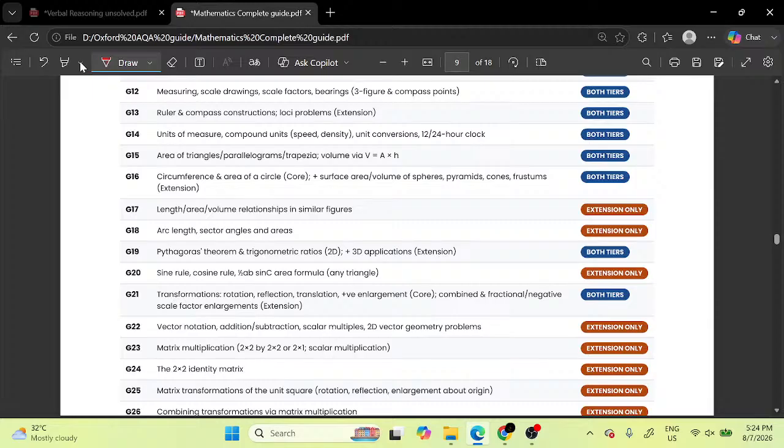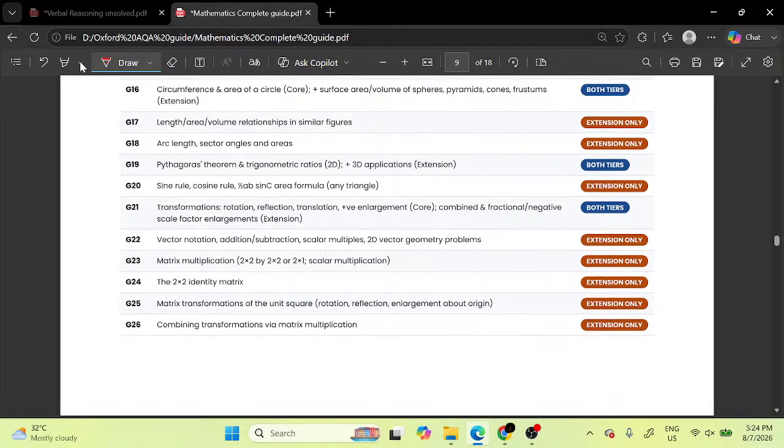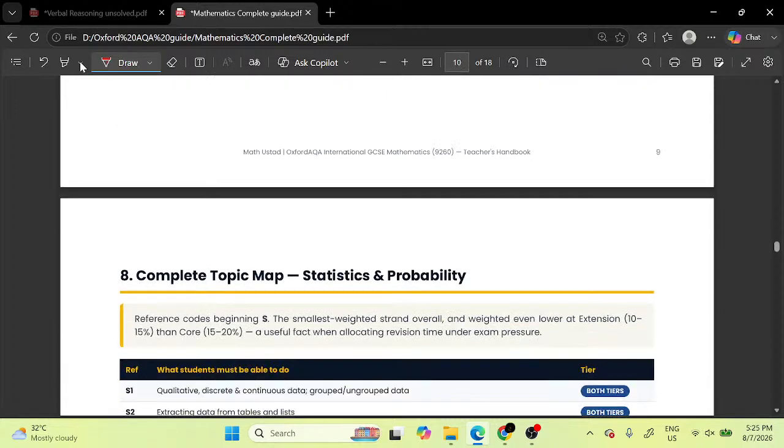Sine rule, cosine rule and the area formula like 1/2 ab sin theta are also tested in extended only. Vector notation, addition, subtraction, scalar multiples, 2D vectors are topics that are only tested in extended, as are matrices: 2 by 2 matrices, matrix transformations, combining transformations via matrix multiplication, which are also tested only in extended, not in core.